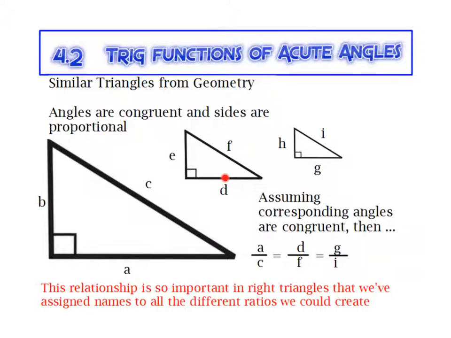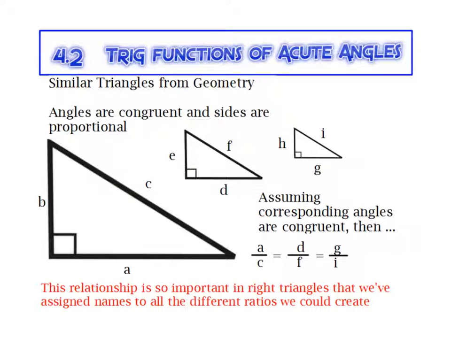So that ratio would equal the ratio of D to F, and it would equal the ratio of G to I. I could do that with any set of sides, but because those ratios stay consistent, we've actually assigned names to those different ratios.